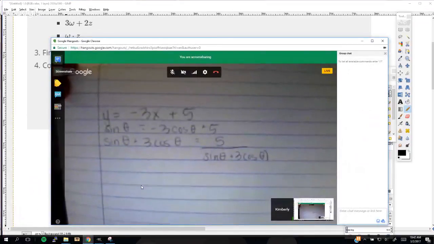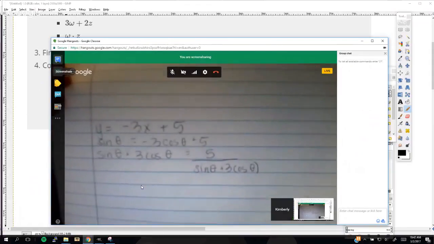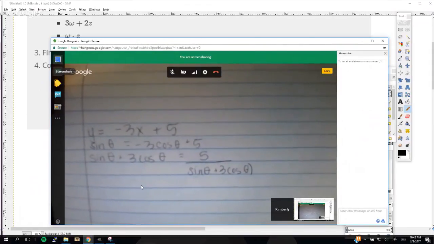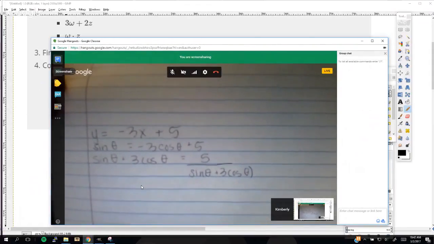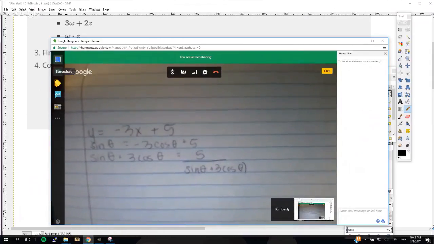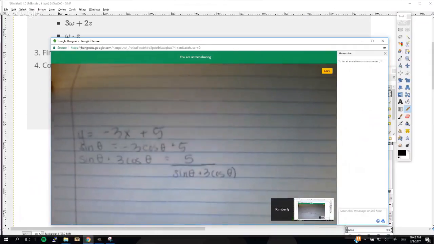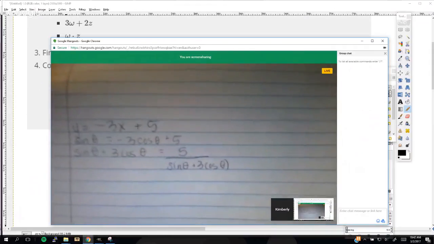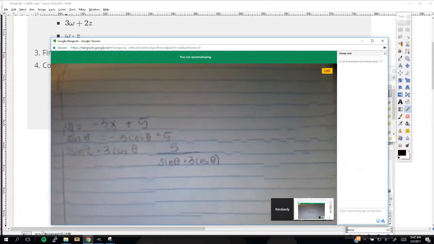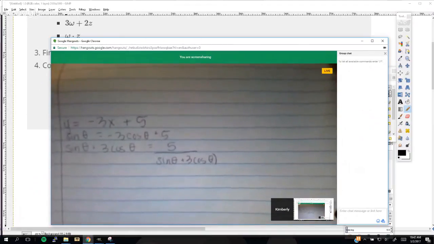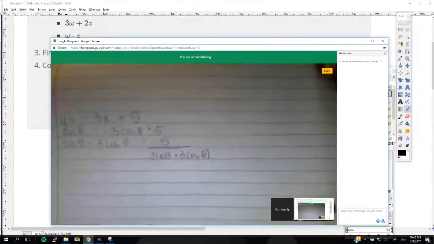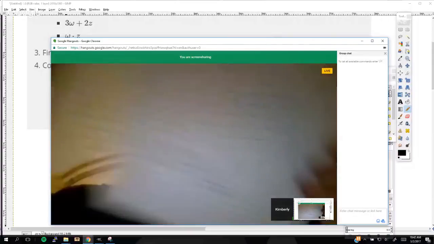I swear there was a typo on the one he did last week. So I just put in sine and cosine for x and y, then I added over 3 cosine squared. When you convert it over, isn't there supposed to be an r?